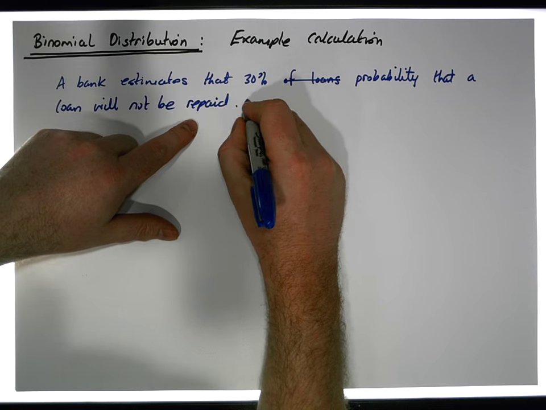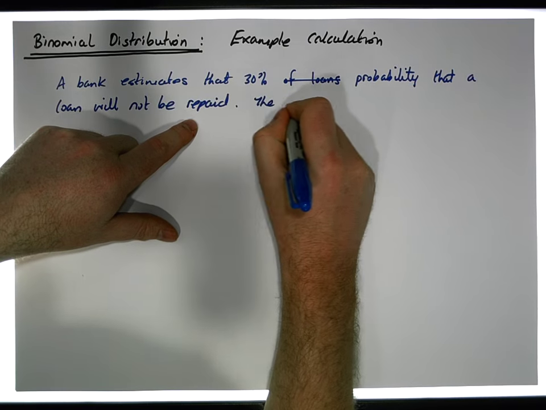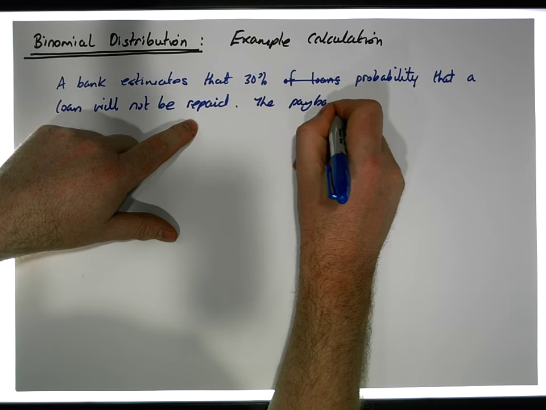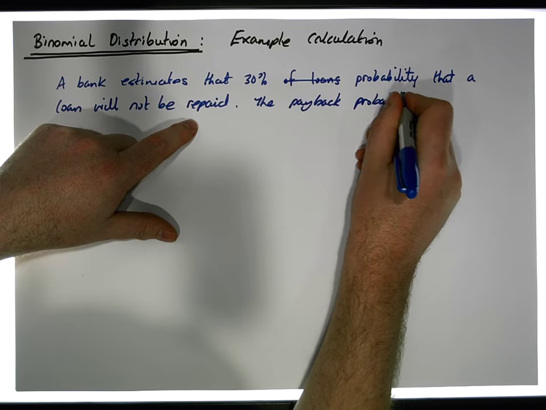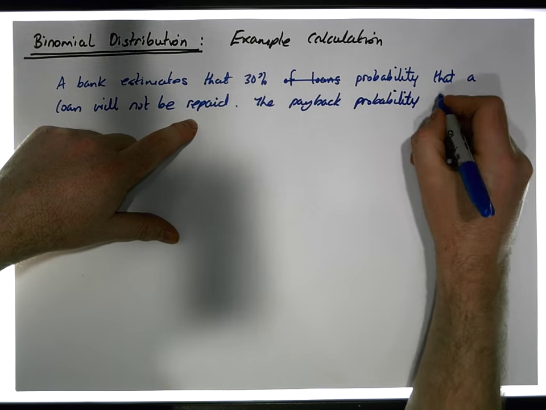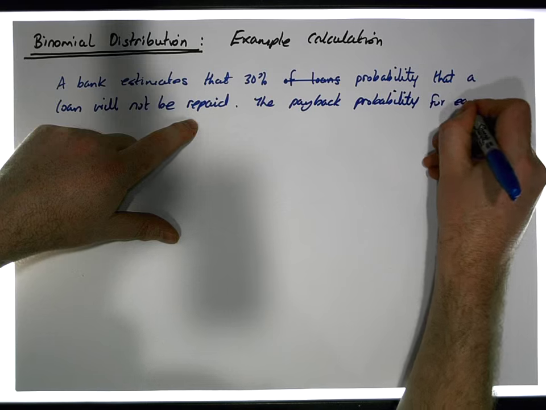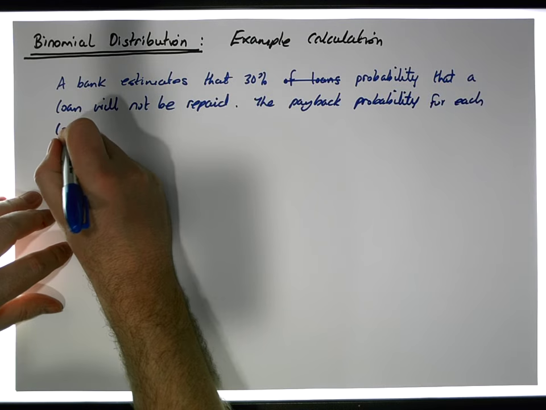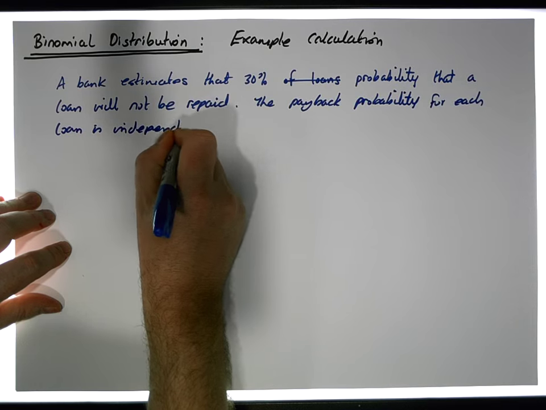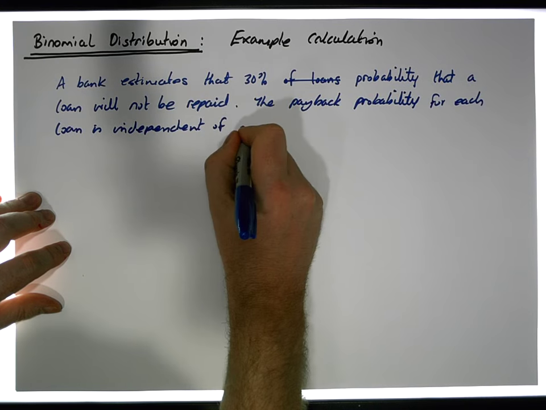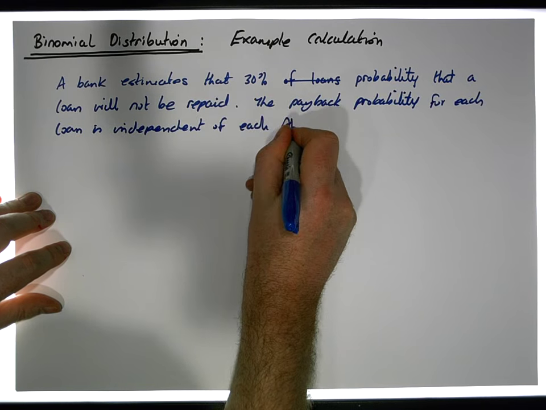Let's say the payback probability on a loan, for each loan, is independent of each other. That's an important point for us.